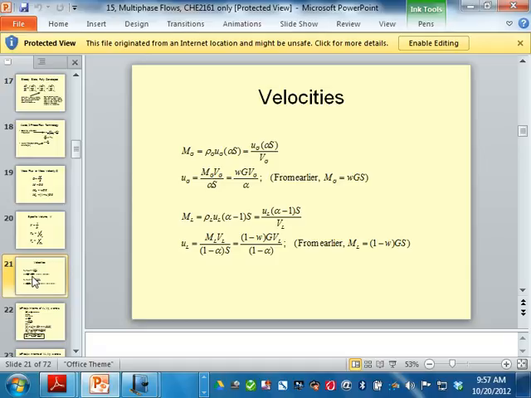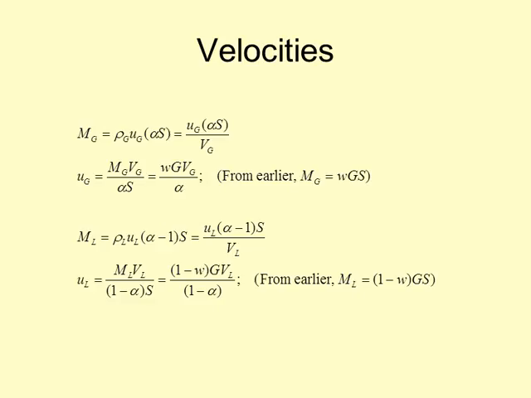The area is alpha times S, where alpha is the void fraction. This is just rho VA, but for the gas phase it does not use the whole area. It only uses alpha times S.